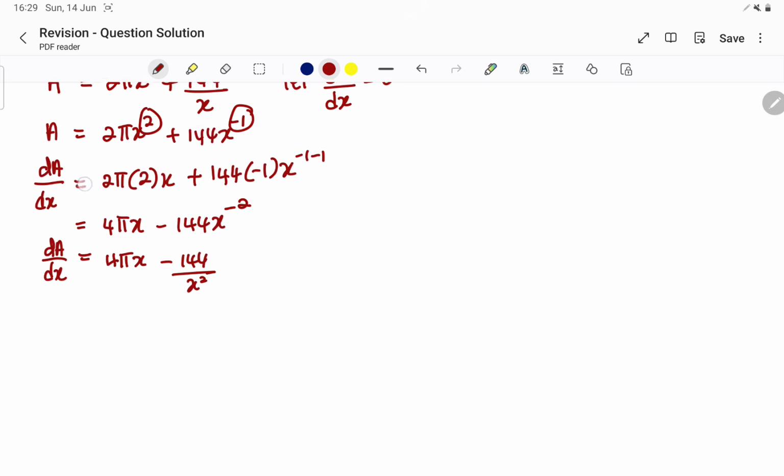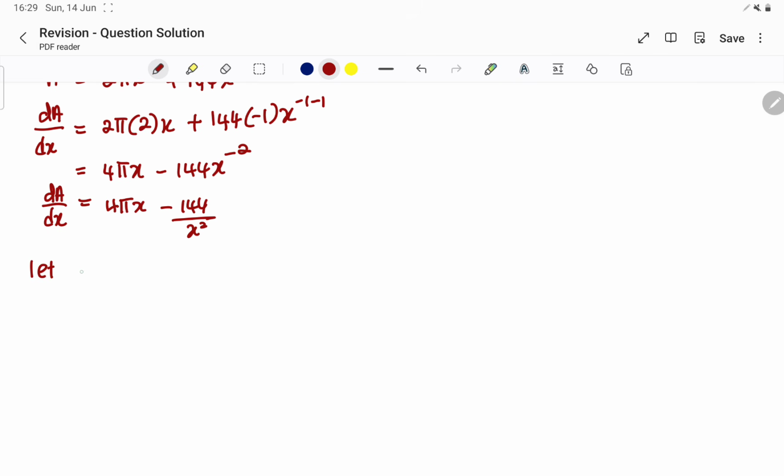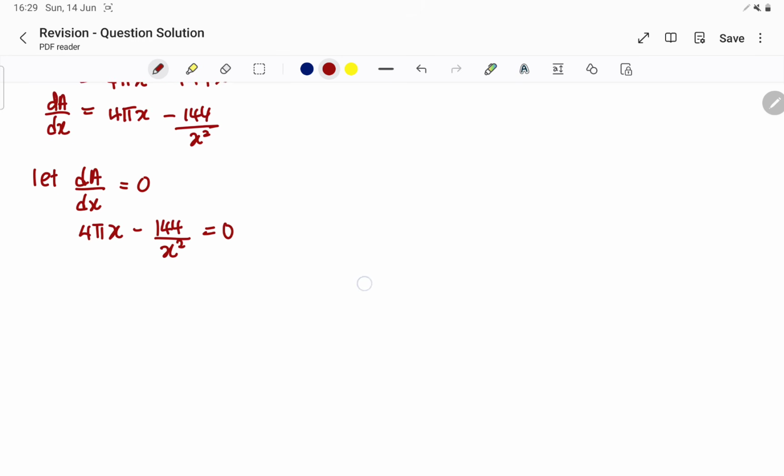In order for us to find the value of x, we have to let dA/dx equal to 0. So 4 pi x minus 144 divided by x squared equals 0. Then you can bring negative 144 over x squared to the right side, so you get 4 pi x equal to 144 divided by x squared. Because we want to find the value of x, you move x squared to the left side and 4 pi to the right side. So you get x to the power of 3 equals 144 divided by 4 pi.